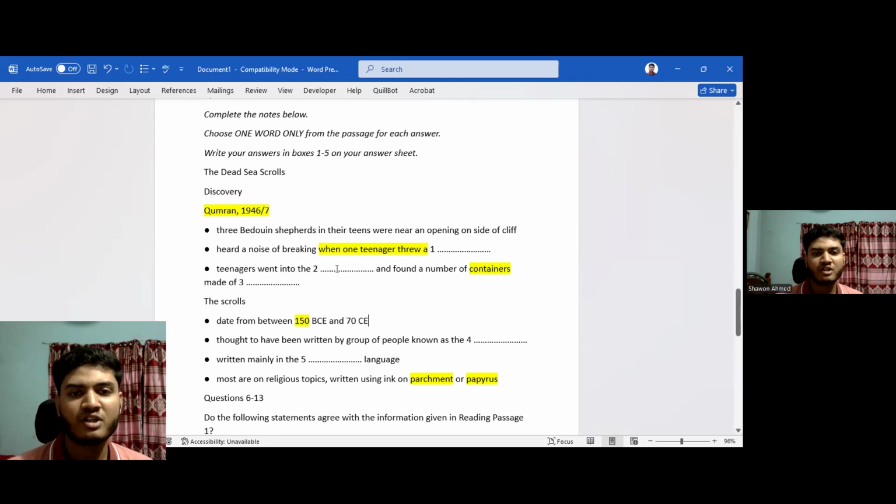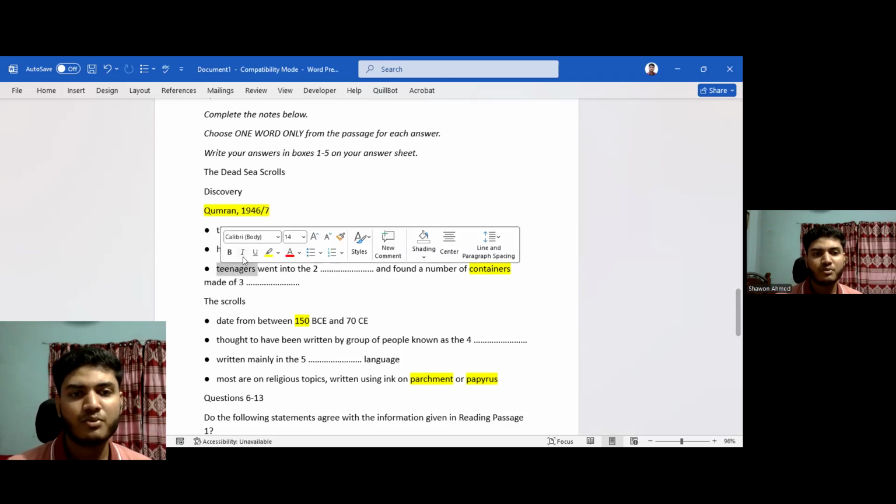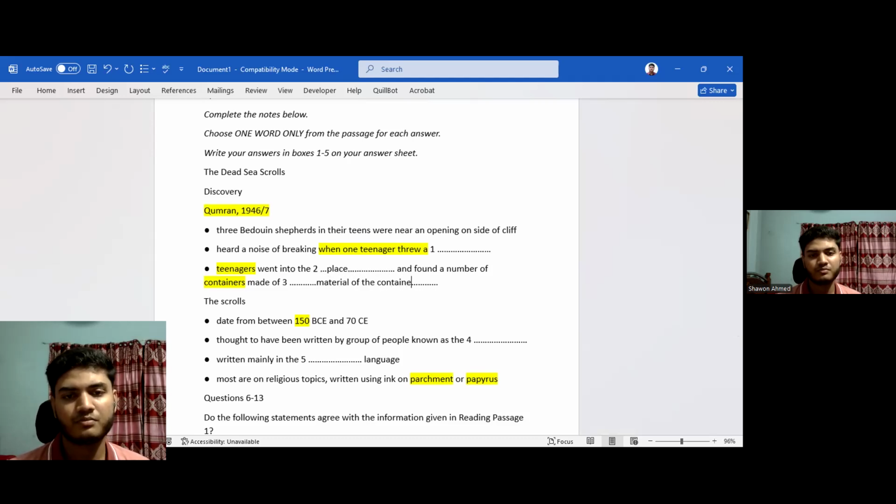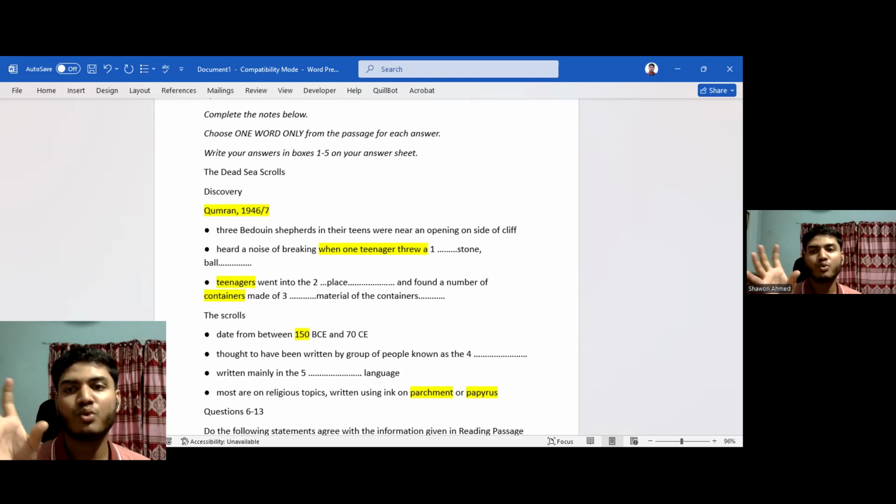It can be a cliff, it can be something else, a place. And the first one is threw a something, it can be a stone, it can be a ball, or whatever else that we can throw. We will look at the passage and find our answer.